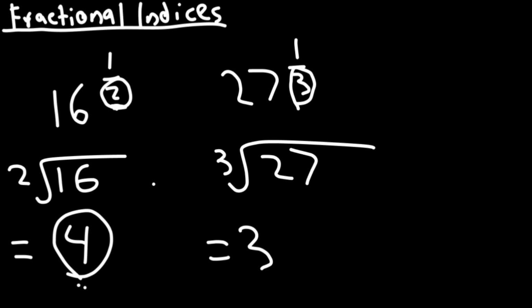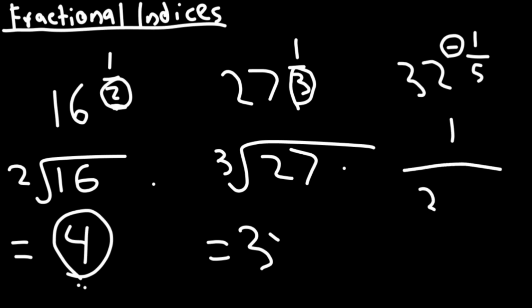Now a more complicated one, such as 32 to the power of minus 1/5. Since we have a negative power, we put it as a fraction over 1, so it's 1 over 32 to the power of a fifth.